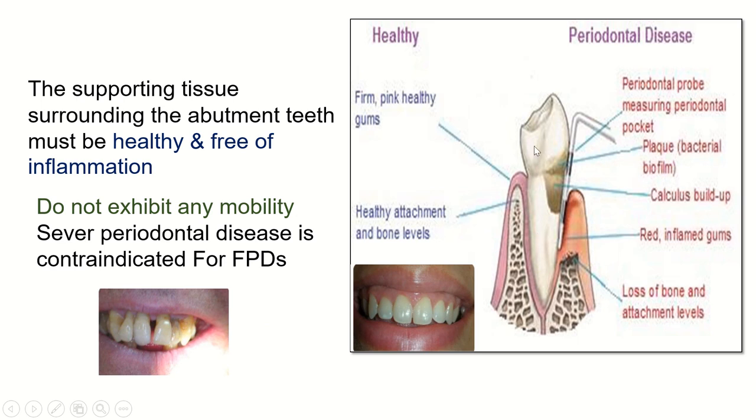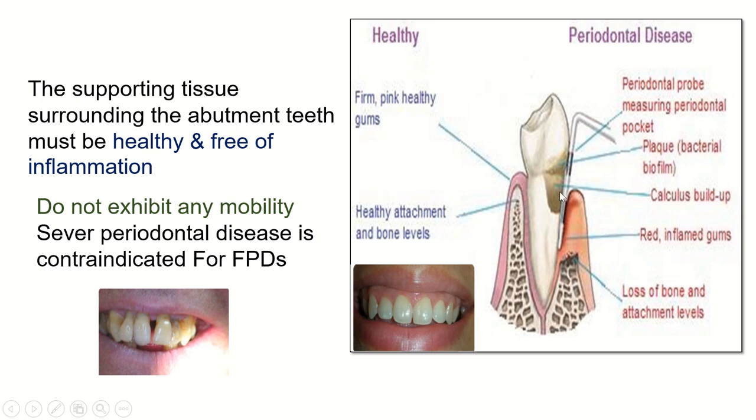This picture shows a comparison between healthy and unhealthy tooth conditions. In the healthy section, we can see the normal form and color of the gum, firm, pink and healthy, with healthy attached gingiva, and also healthy bone and a good bone level.